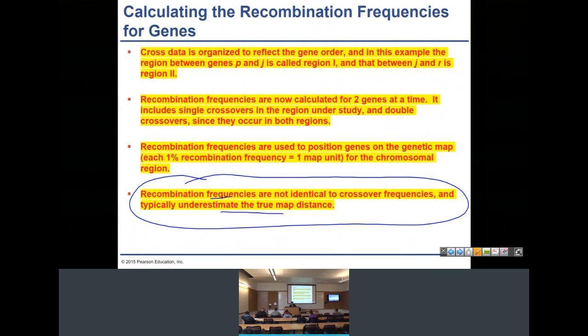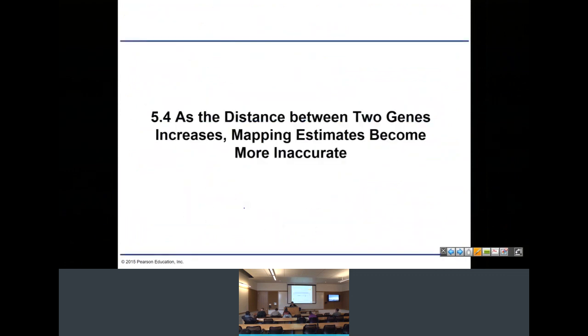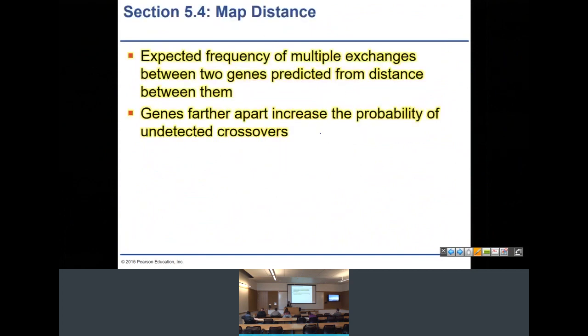Because once you have a single crossover on part of a chromosome between, let's say, genes A and B, it decreases the chance of having a second crossover. That's called interference. Even though they make up a map utilizing this technique, they have to take into account that it can be inaccurate, and there can be what's called interference.